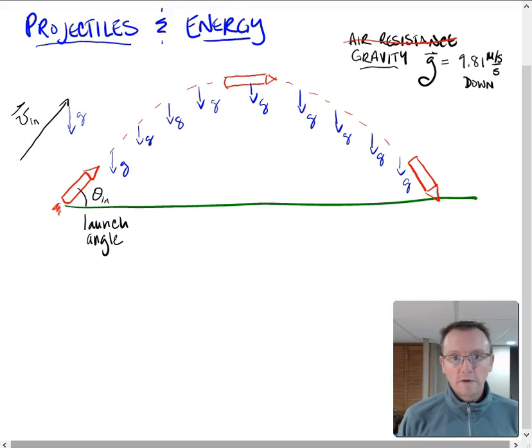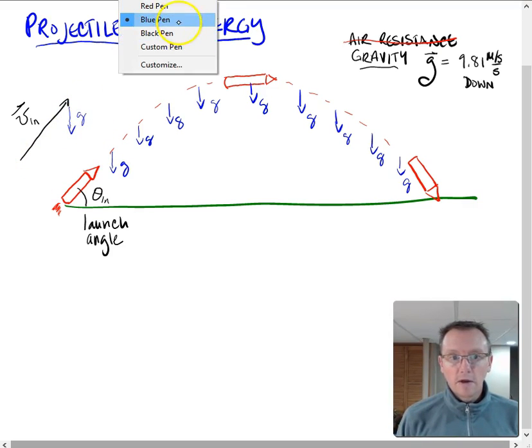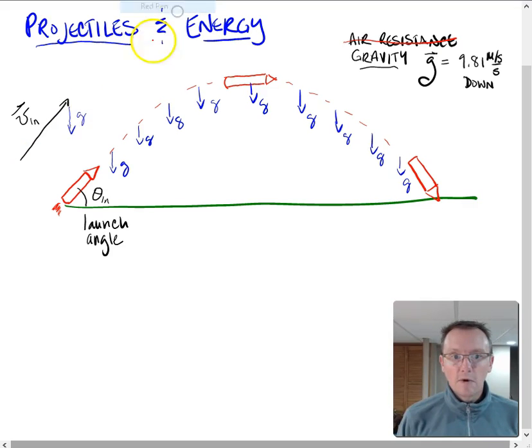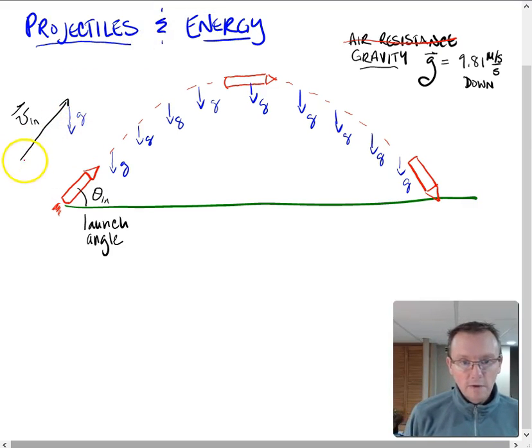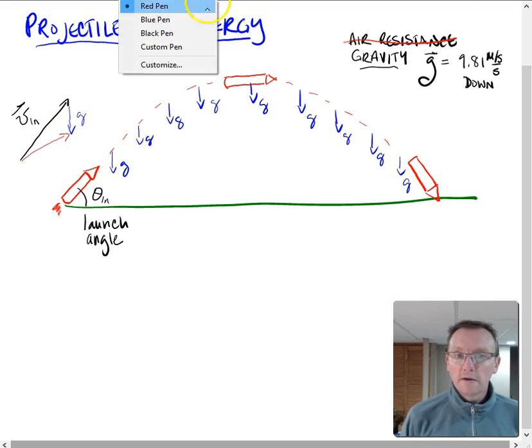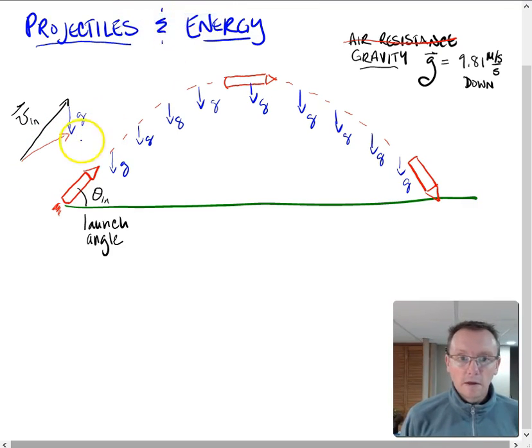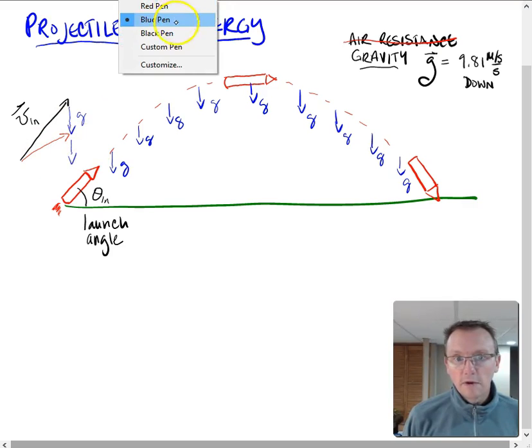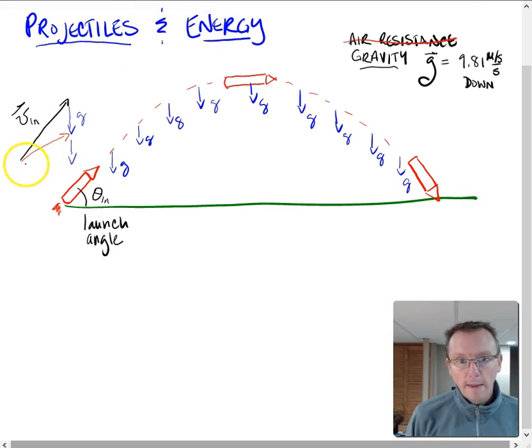And so after 1 second, it's no longer doing that anymore. It's no longer doing this anymore. Now its velocity looks like this. And then after another second, we apply gravitation again. And so its new velocity will look like this. And then after another second, it will continue to go downward.